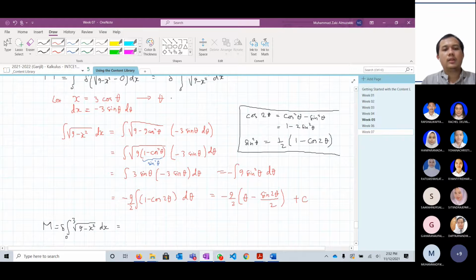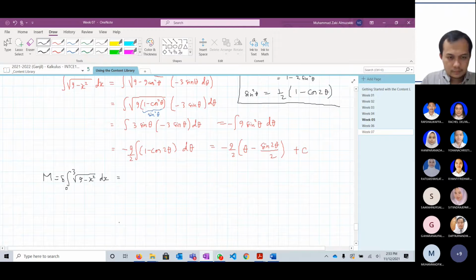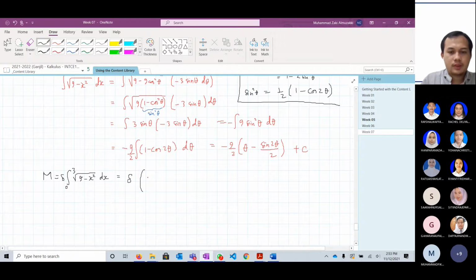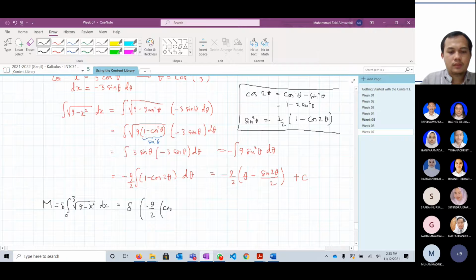Here we have that theta is arc cos of x over 3. So we have delta times 9 over 2 times theta, which is cosine inverse of x over 3, minus sine of 2 times cosine inverse of x over 3, divided by 2, evaluated from 0 to 3.